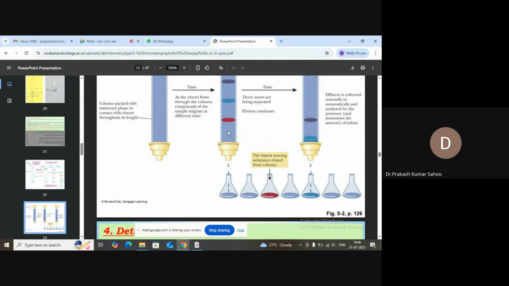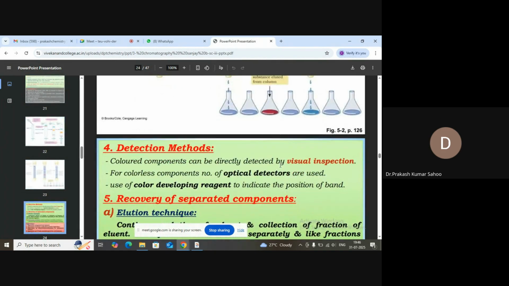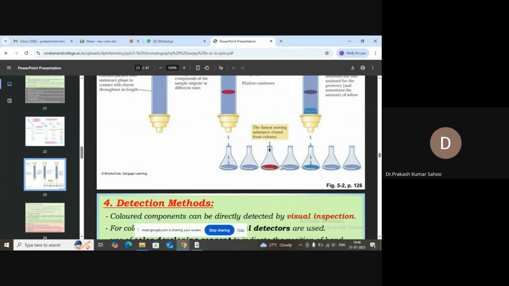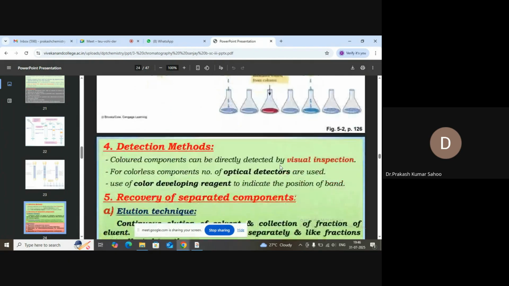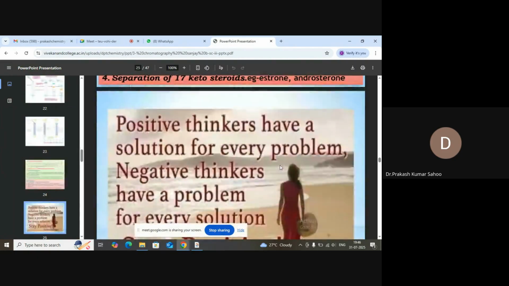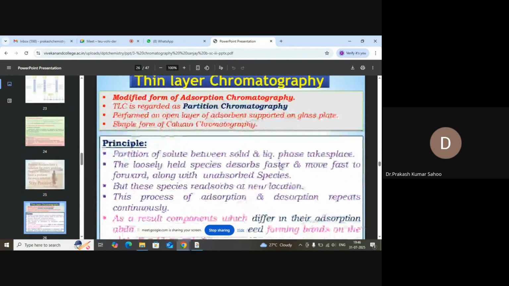Then the red comes, and then the deep blue color is separated, and accordingly the three components get separated, and further characterization by NMR, IR, FTIR spectroscopy can easily be done.